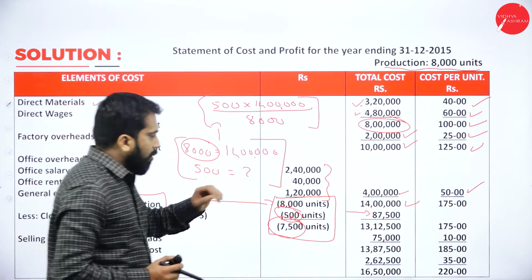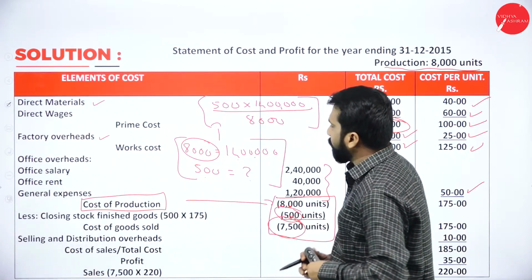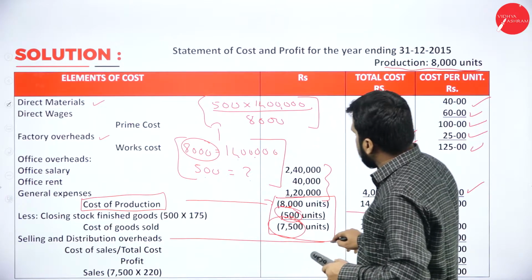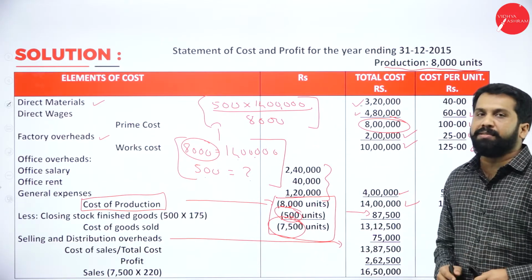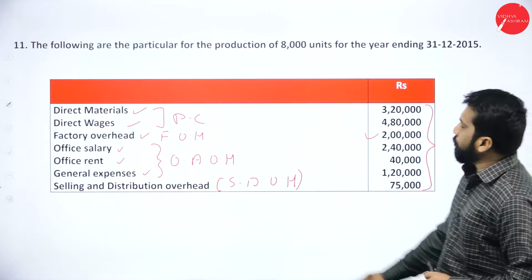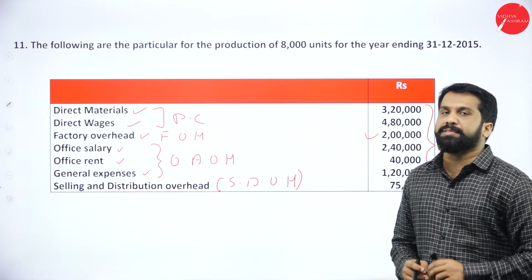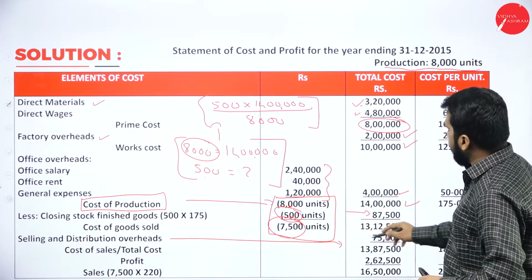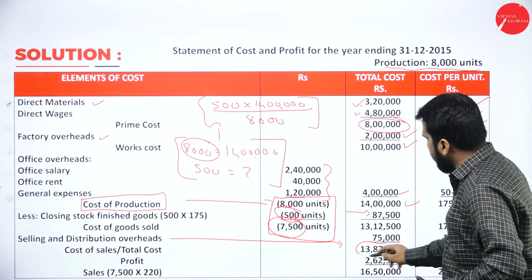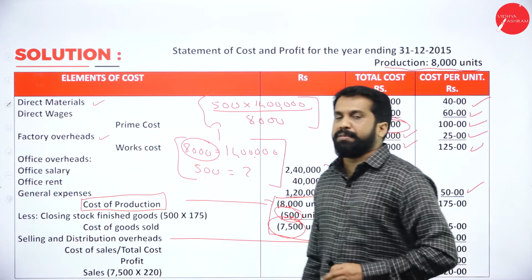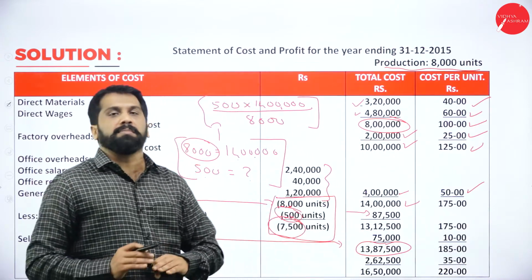Now, once you're done with this, you have to go for selling and distribution overhead. It is simple to calculate. Selling and distribution overhead is given as 75,000. So take 75,000, add, you got 13 lakh 87,500. Simple. In this problem, no complication.